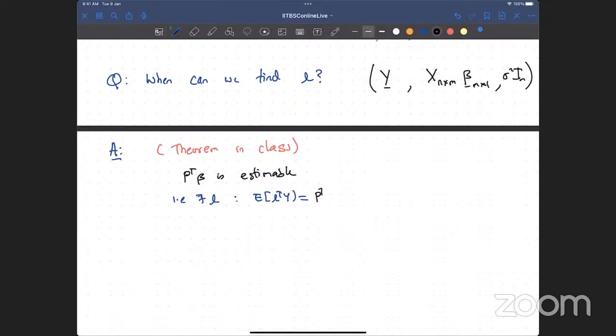That's what this means. This is true if and only if the vector P is in the column space of X transpose.